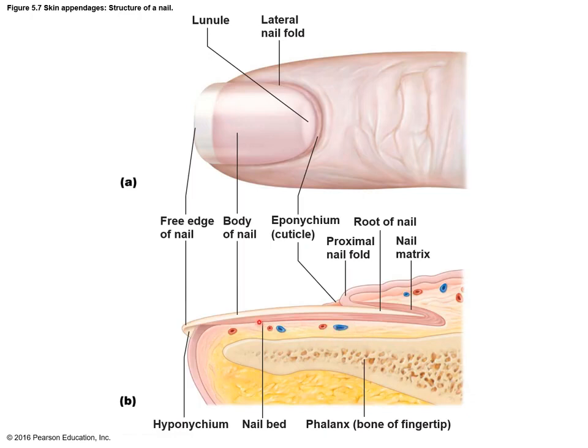And underneath the nail, right underneath the hard surface that you see, that pink area, that's the nail bed. The nail matrix is back here underneath the skin, below the cuticle. That's where the cells are actively growing and pushing the nail out.